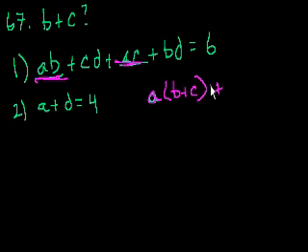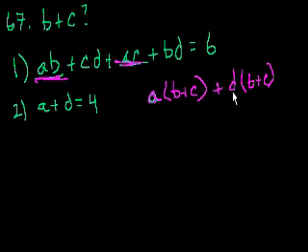And then plus, let's do the same thing with this term, d times c plus b, but we can switch the order, b plus c. And if you don't believe me that this equals this, multiply it out. All I did is I grouped the ab and the ac terms and then factored out the a, and then I grouped the cd and the bd terms and factored out the d.